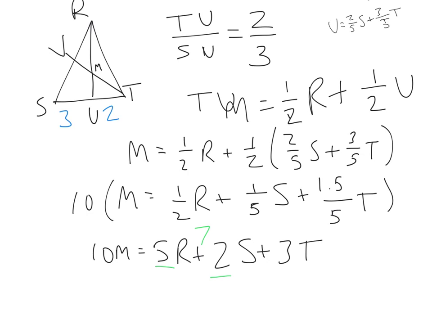Phew, that's a long way to go for this problem. Okay, so we're just going to make up a new point somewhere between R and S, and we'll call it X. So we're going to say that X is equal to 5/7 of R plus 2/7 of S. I hope that makes sense.